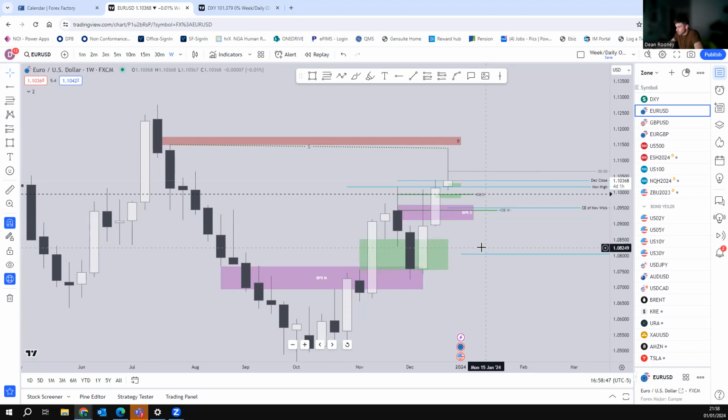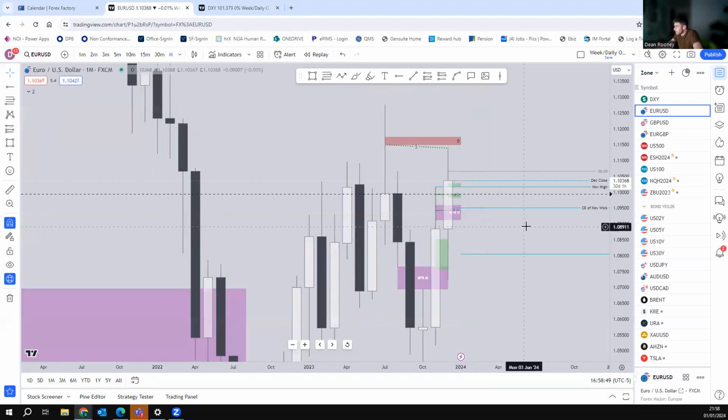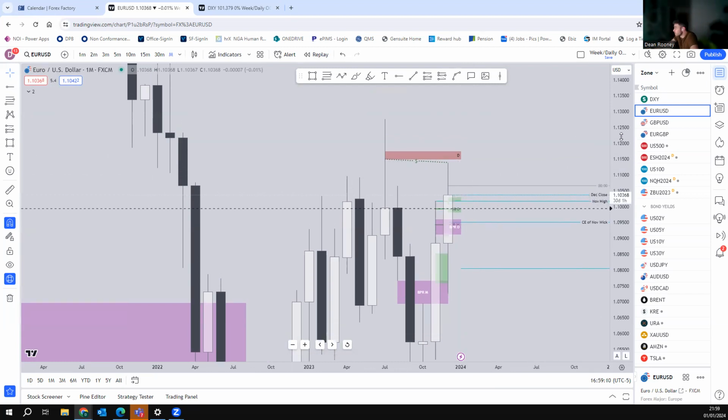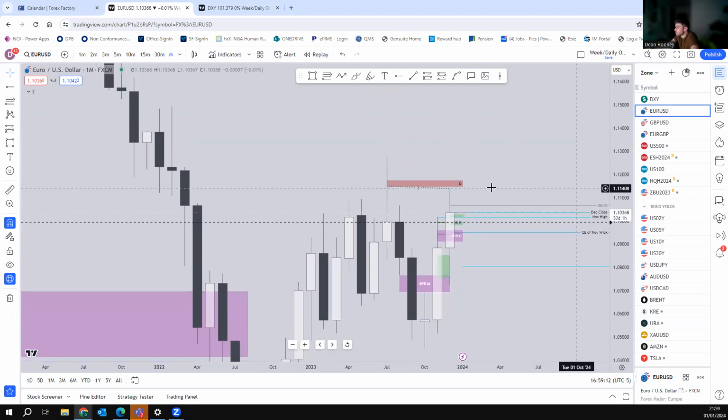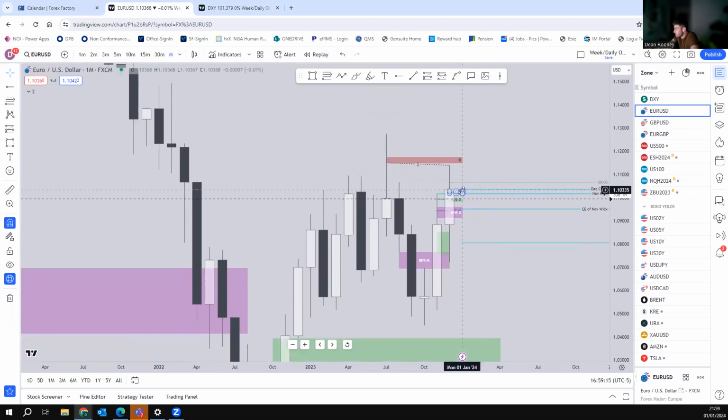When this opens, there's going to be this high from November. If it comes down and hits there and then pushes away, that's a very bullish sign. That's what you call an immediate rebalance. It comes straight down into here and then it wants to go. That's what I'm probably thinking is the likely scenario for this month.